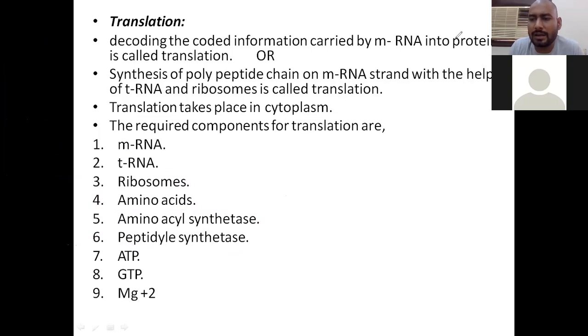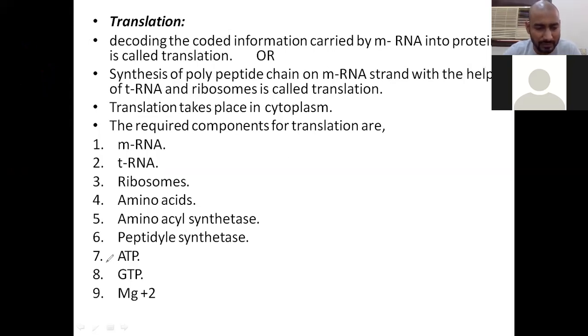So when RNA molecules, basically the ribosome, act as an enzyme, that is called the ribozyme. So peptidyl synthesis activity is found in the large subunit of the ribosome molecule, because I will discuss later. So they are the 23S rRNA. This peptidyl synthesis activity is found in the large subunit of rRNA molecules.